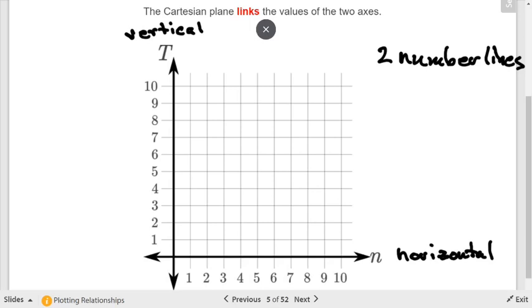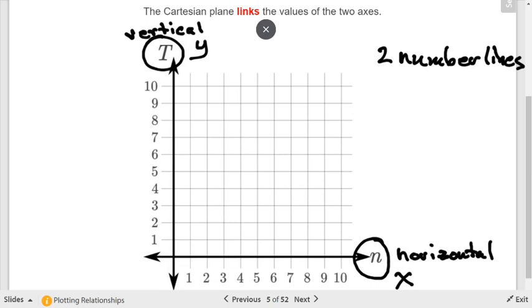And you'll notice that they're labeled. In this case, this one's labeled with N, and this one is labeled with T. Now that's because our chart has numbers that are labeled N and T, but can anyone remember the traditional values for these for just a generic chart? X and Y. Right. Usually the horizontal one is X and the vertical one is Y. But if you have specific information like time and growth, then you can use different letters.